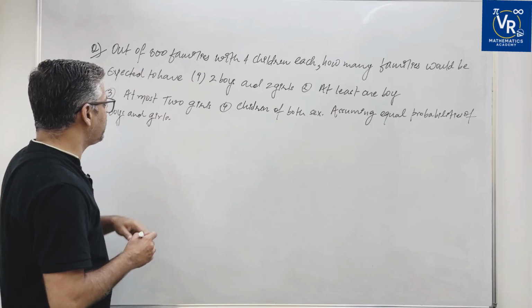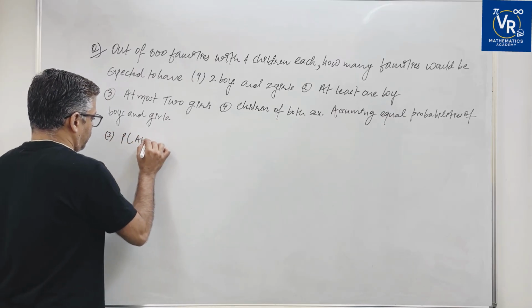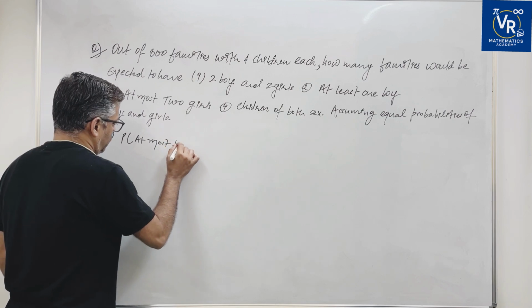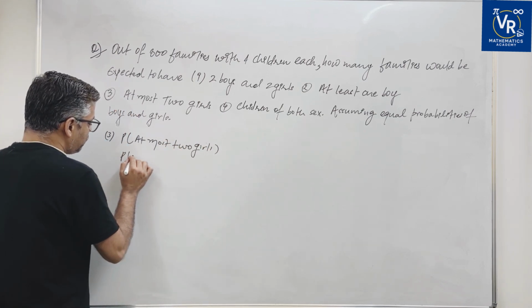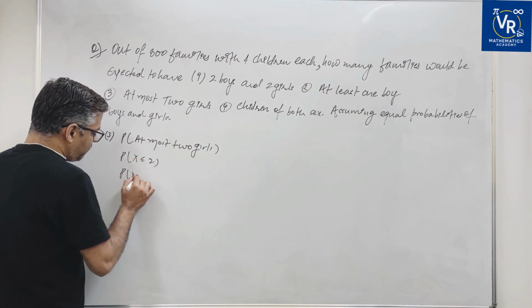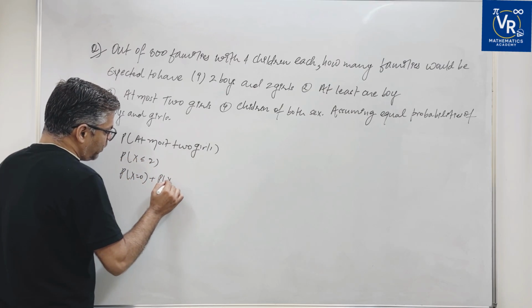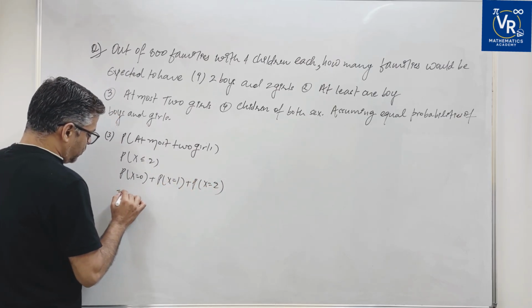The third one is probability of at most 2 girls. So at most 2 girls, we can write probability of x less than or equal to 2. This can be written as probability of x is equal to 0 plus probability of x is equal to 1 plus probability of x is equal to 2.